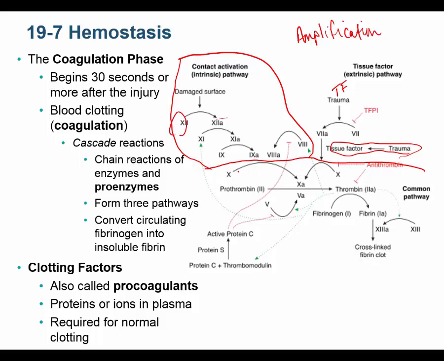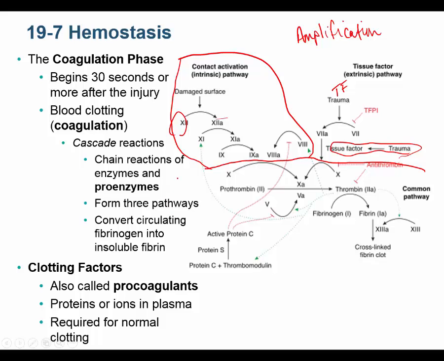So 12, 11, 9, 10, 2, 1, 7, 5, 8, they all exist as proenzymes. And they're going to be activated into enzymes, because we don't want these coagulation factors floating around our blood in the active form, because we don't want little blood clots floating around and clogging up our arteries and our arterioles. So these float around as proenzymes and then are activated when you have blood vessel damage.